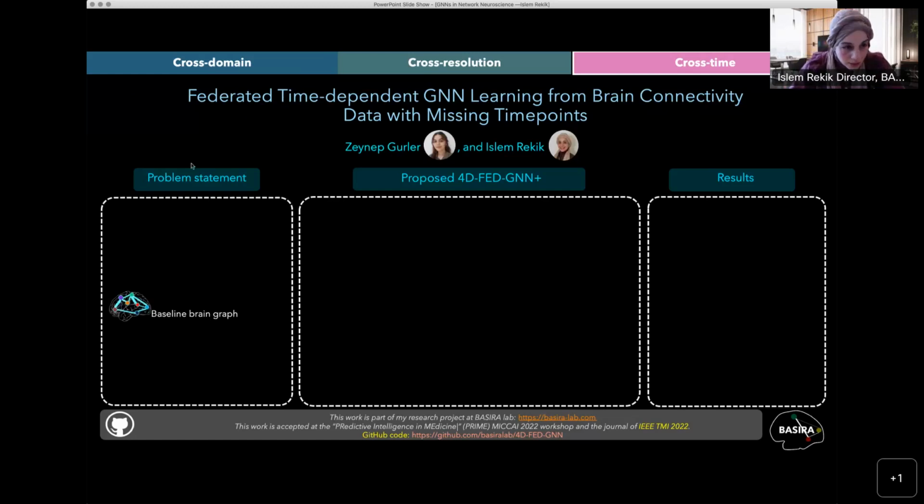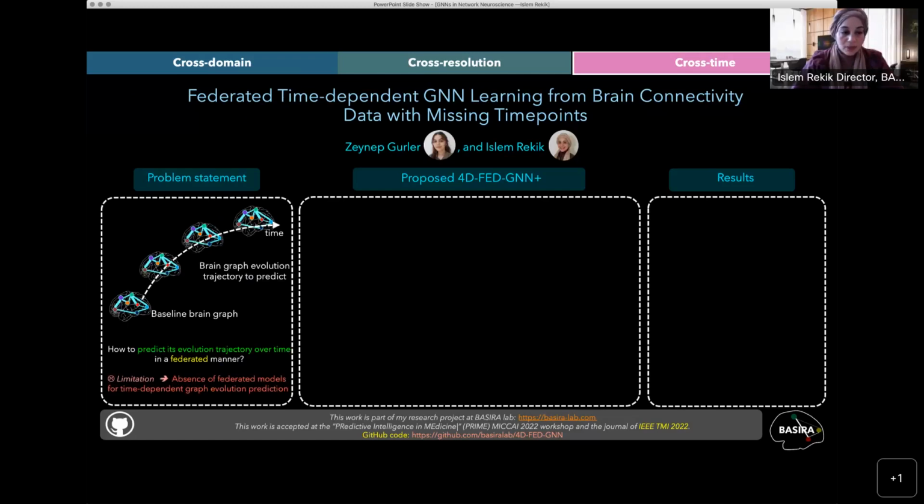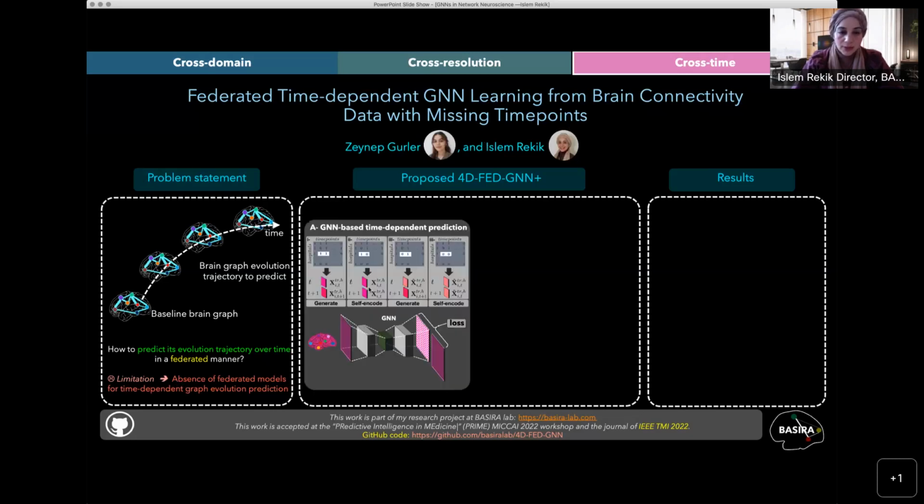So basically, the problem goes like this: given a single observation, learn how to predict this over time, but in a federated manner, while looking at the problem of missing data points.